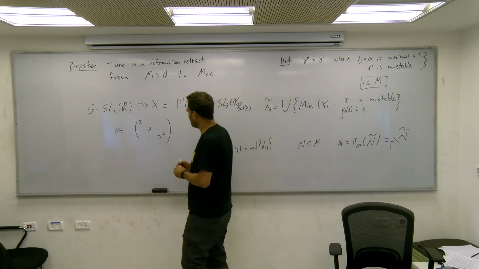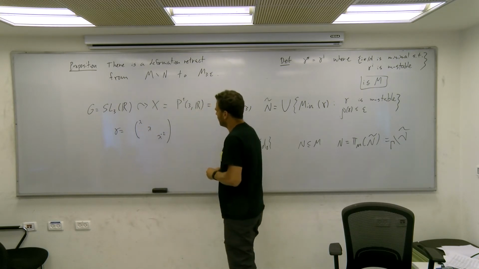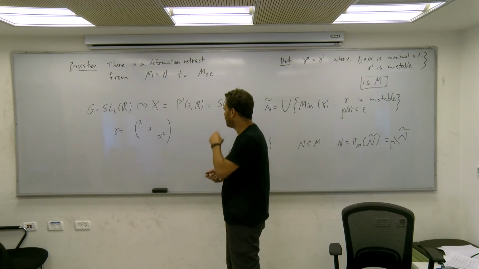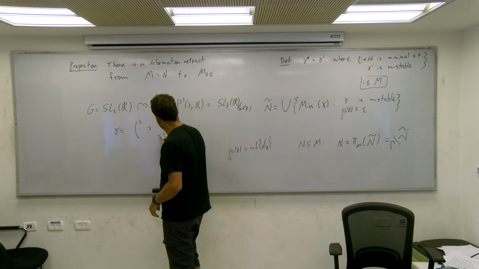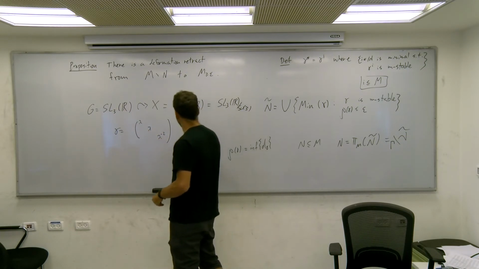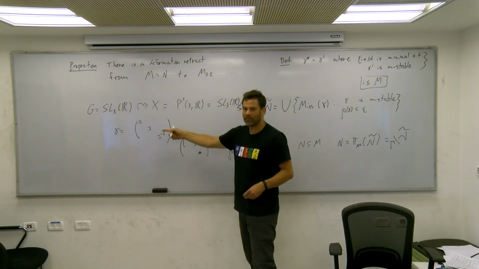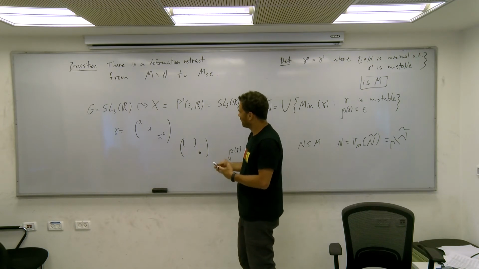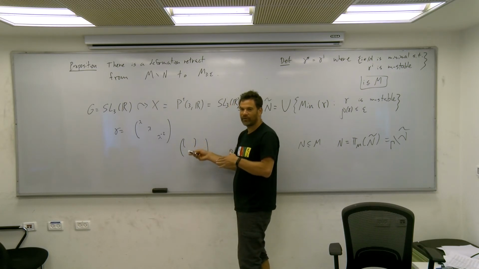This isometry has many axes. The centralizer of this element is GL2, anything of this form commutes with it. If you take an element in the axis and move it by something from the centralizer, you get another axis of this element.